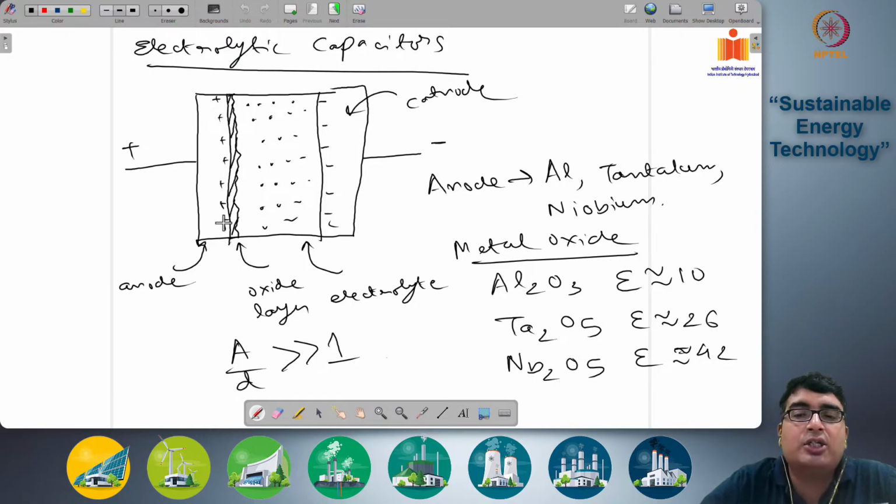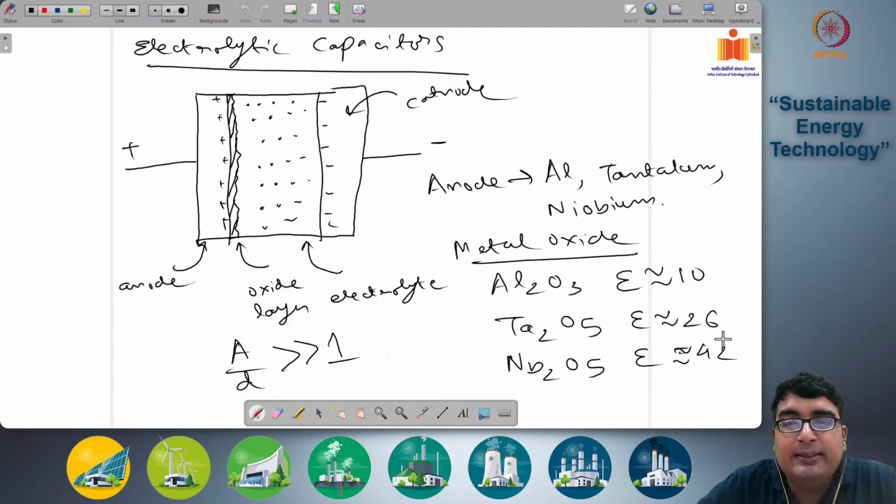The positively charged plate is made of special materials like aluminium, tantalum, niobium, etc. with high dielectric capacity, which when undergoing the anodization process create thin layers of rough oxides on the surface of the metal, like aluminium oxide, tantalum oxide and niobium oxide, which have high dielectric constants of 10, 26, 42 respectively, which increases the capacitance of these electrolytic capacitors.